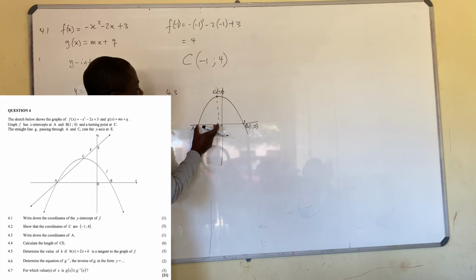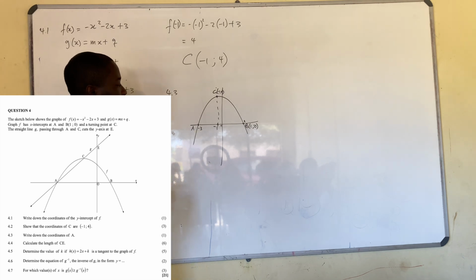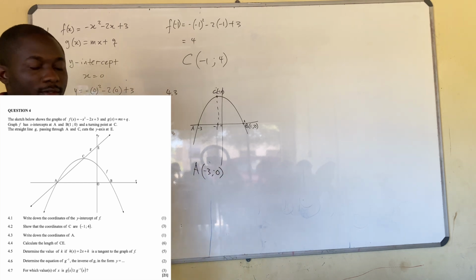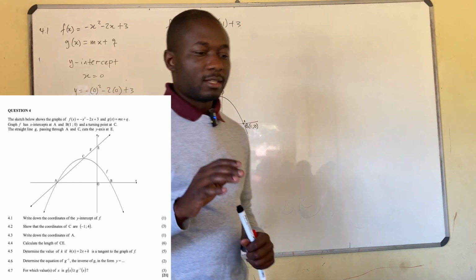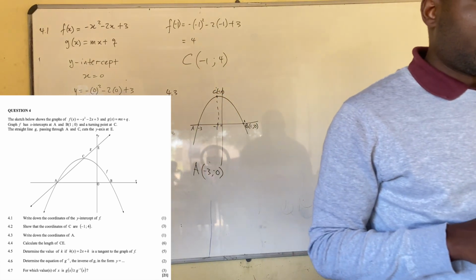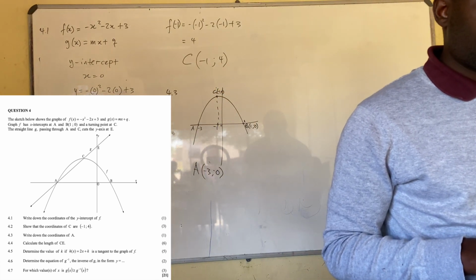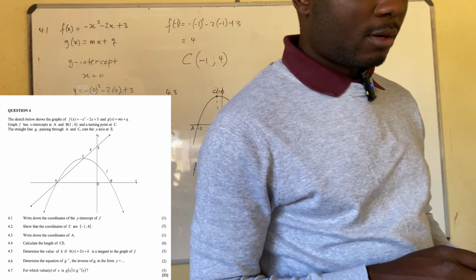So it means we have also 2 units here. So if you go 2 units from negative 1 to the left, where do you go? Negative 3. So the coordinates of A are negative 3, 0. Just by analyzing or observing that, you can find the coordinates. Are we fine?